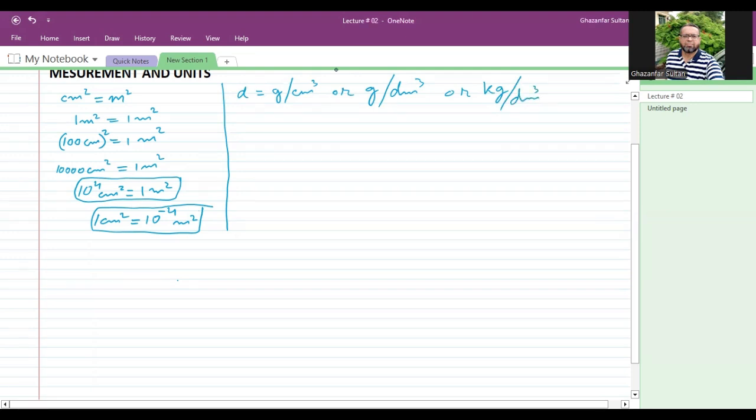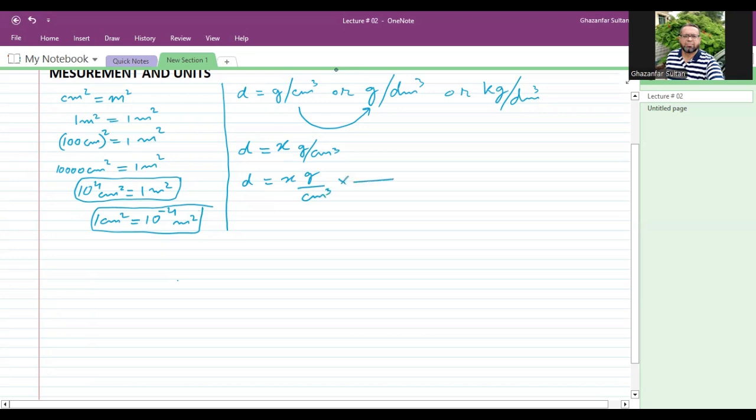So see, if we want to convert this unit into this unit, for example, some density is given, suppose x gram per centimeter cube. So you can write it as density is equal to x gram upon centimeter cube.